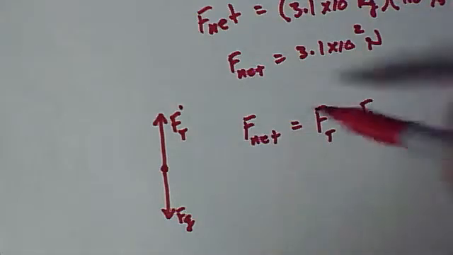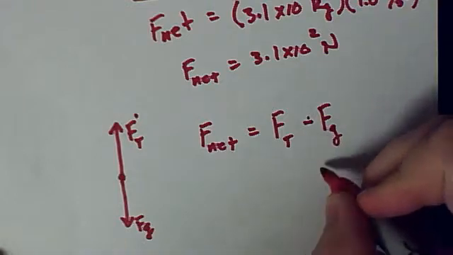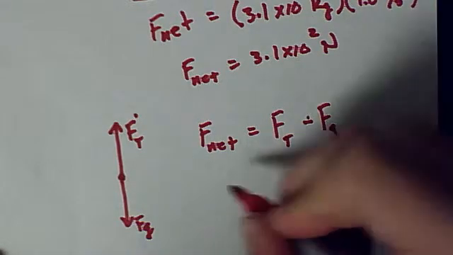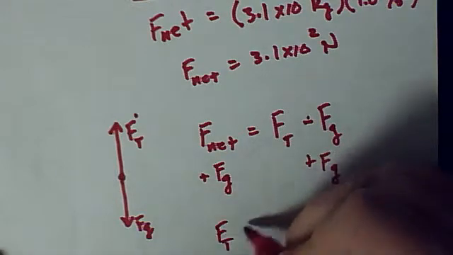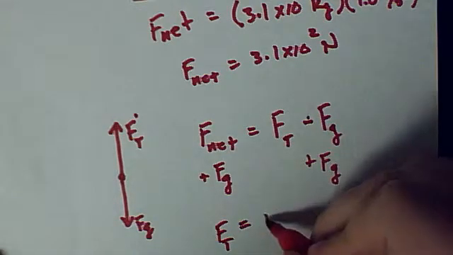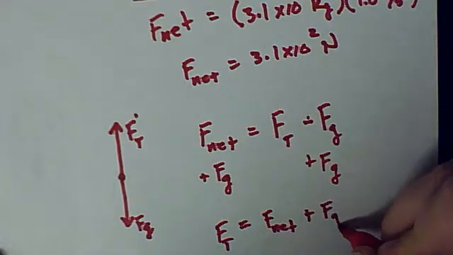I know that it's minus here because this one has to be larger because it's being accelerated upward. Okay, so I'm going to add Fg to both sides. So that means my force of tension is my net force plus the force of gravity.